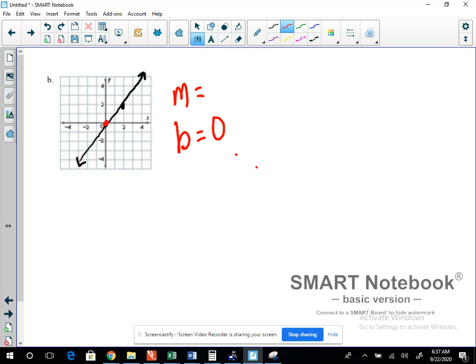So b crosses at 0. Then for the slope, it goes up 2, which is the rise. You always figure out whether it goes up or down to get to the next point. And over 2, which is positive 2, which reduces to 1. So this one is y equals, I'm going to do it that same way.